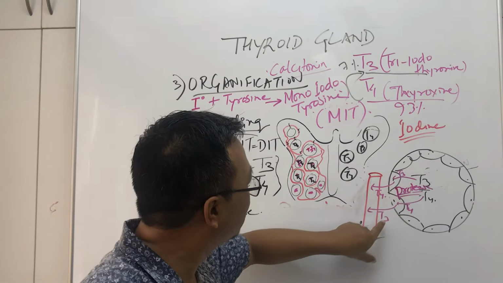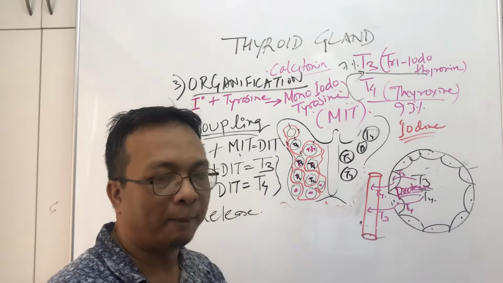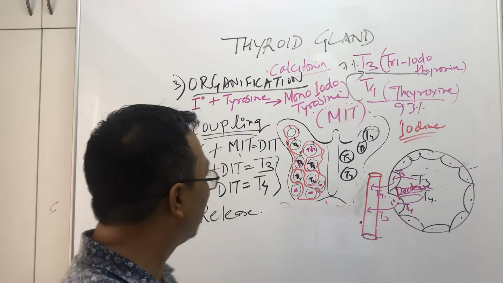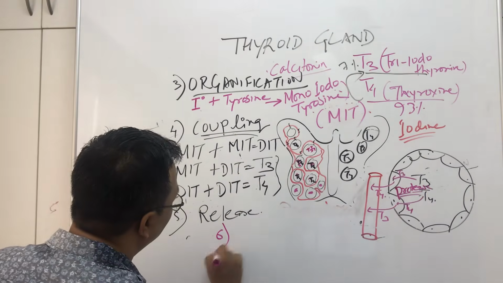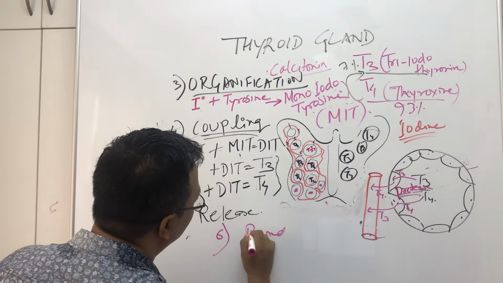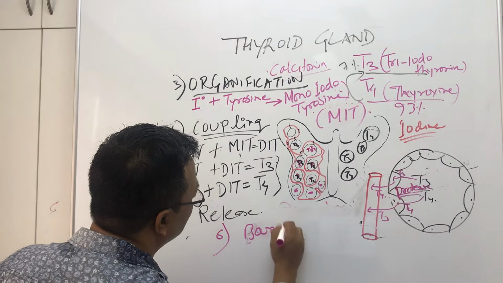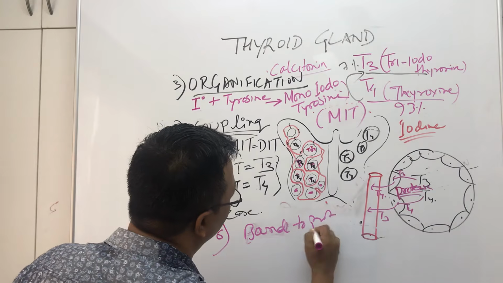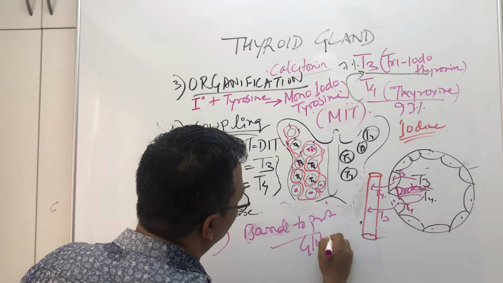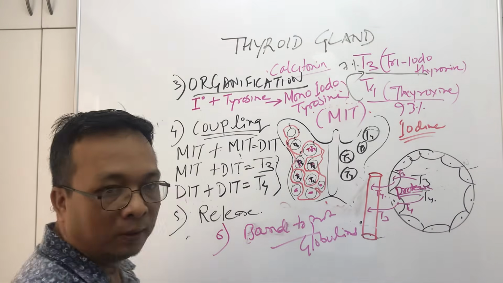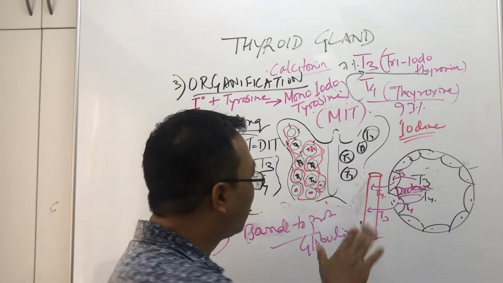As soon as this T3 and T4 reach the blood, 99% of them immediately bind to proteins like globulins. Only 1% of them remains free.